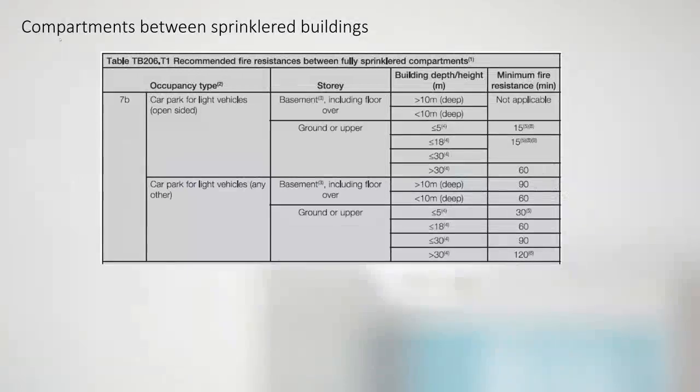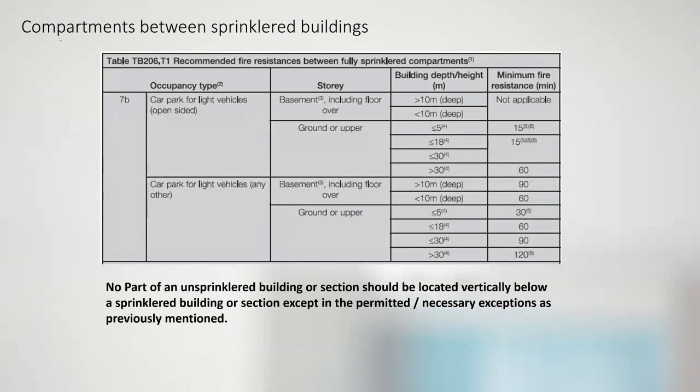And it goes on and on, so you'll see here car parks for light vehicles, basement including floors up to 10 metres deep, not applicable. Ground and upper floor up to 5 metres, 15 minutes. And then you've also got clauses against that, so you just need to make sure that you read the clauses too.